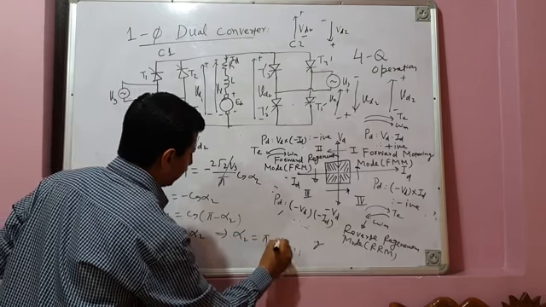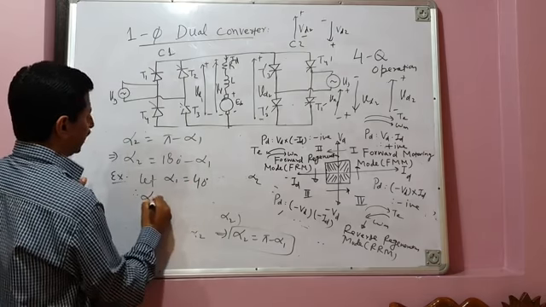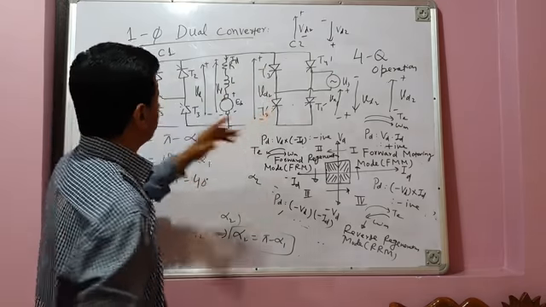Or we can say alpha 2 is equal to 180 degrees minus alpha 1. So let us take an example. Let converter 1 operate in the rectification mode and let its delay angle be 40 degrees. Therefore, converter 2 should operate in the inversion mode, and in order to make the average output voltage VD2 exactly equal to VD1, this relation will be followed.